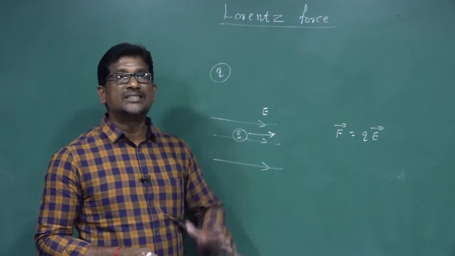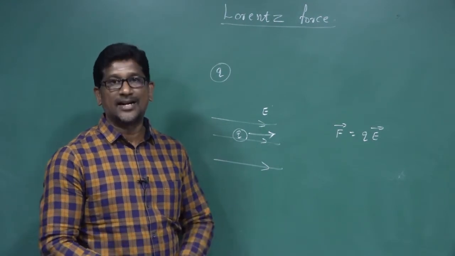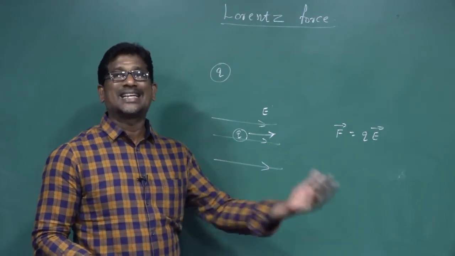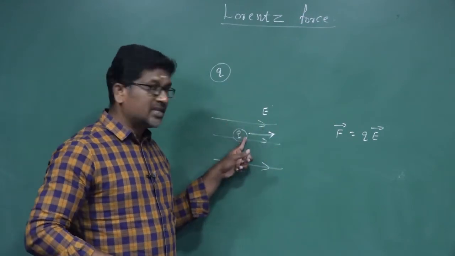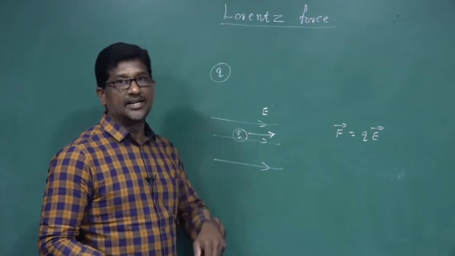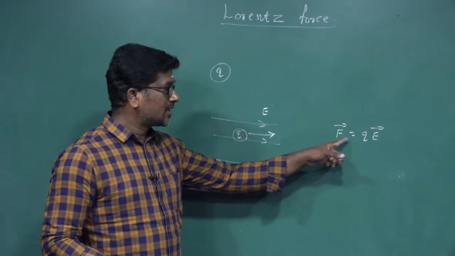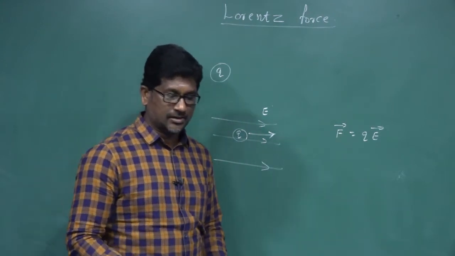But if it moves inside the magnetic field, it experiences a force. The name of the force is magnetic force, given by F vector is equal to Q of V vector cross B vector, right? In the case of electric field, whether the charge is stationary or moving, it experiences electric force, given by the formula F vector is equal to Q into E vector, right?